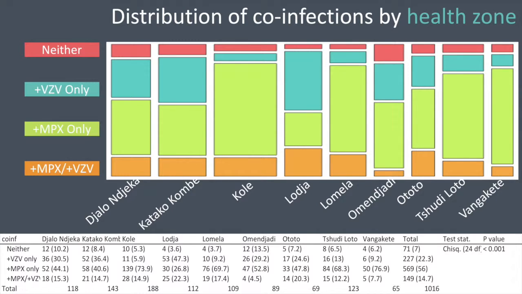But you can see Cole has a very large proportion of monkeypox-only cases, and that's probably because they have a general hospital there that treats a lot of the monkeypox cases in the region. Maybe not so much that all of them are in that health zone. Loja and Ototo have the highest proportions of co-infection, but again, we can't really say why that is.